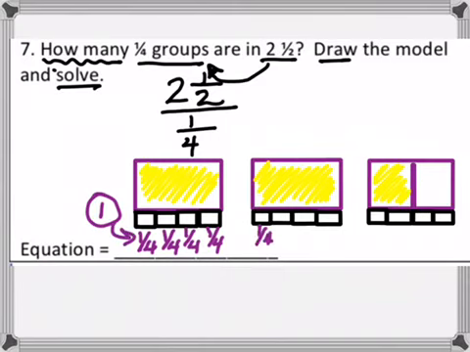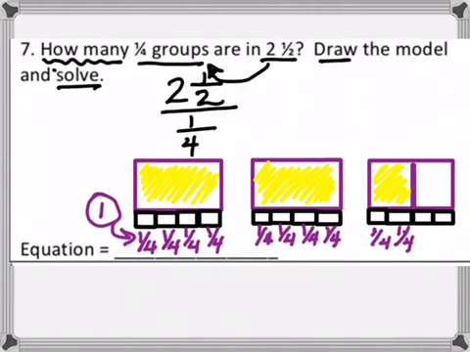So I know that I can do another 1/4 here, another 1/4 here, another 1/4 here, and another 1/4 here under the second box. And under the third box, I would do another 1/4 and another 1/4. Now I would stop here because that's where my shading stops.